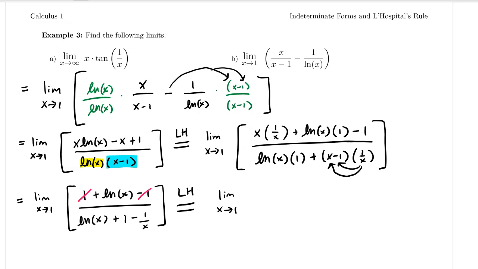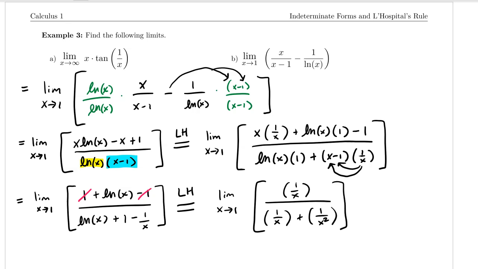The derivative of the natural log of x is 1 over x. And then the derivative of plus 1, that's a constant, so that's going to be 0. And the derivative of minus 1 over x is going to become plus 1 over x squared.